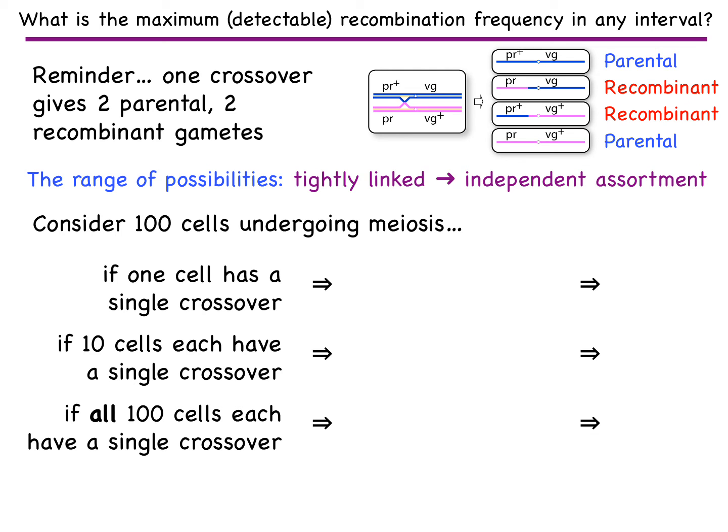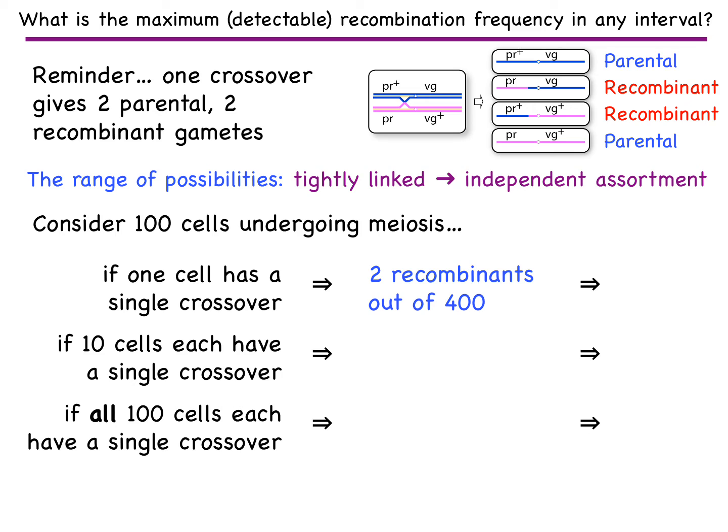So out of 100 cells undergoing meiosis, if even one cell has a single crossover event, you'd expect to see 2 recombinant gametes out of 400 gametes made in total.